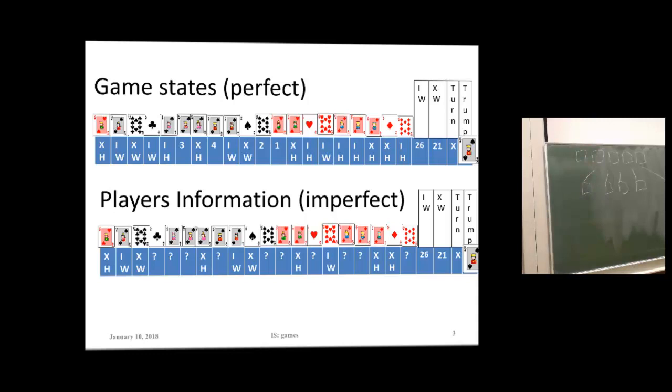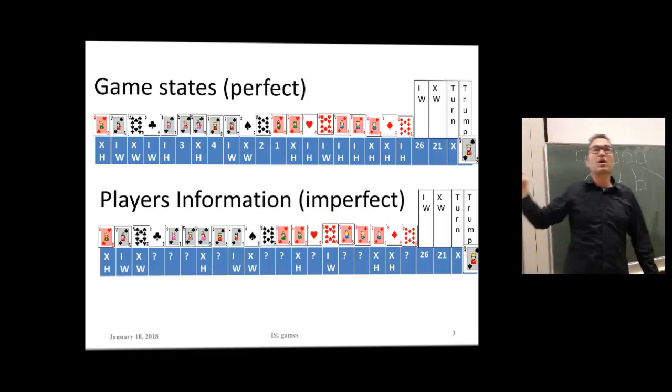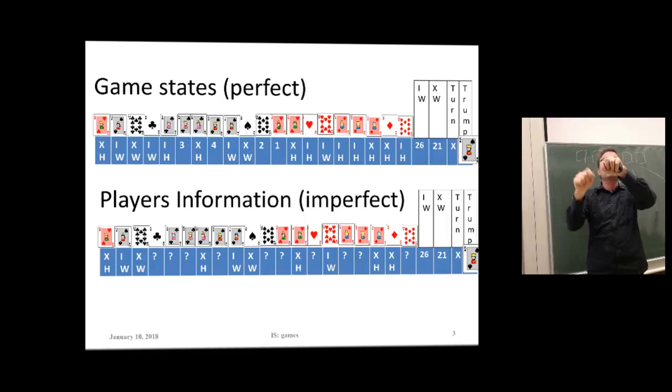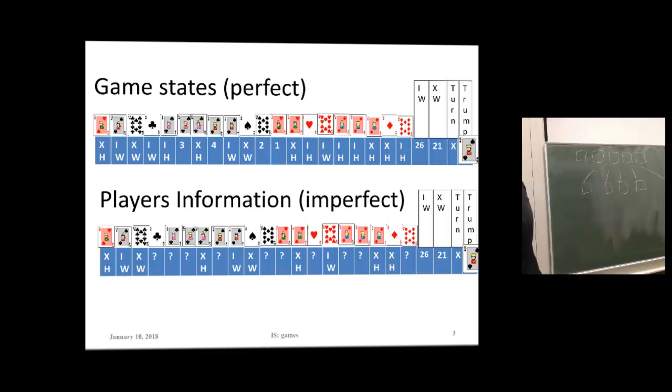So let's take the jack of heart, which is in the hand of X, and if I play it, then the state changes from X hand to won by I. So in a transition from one state to another, we just have to change a value in this state. So this is the game state. This is the perfect information state. This represents exactly one game.